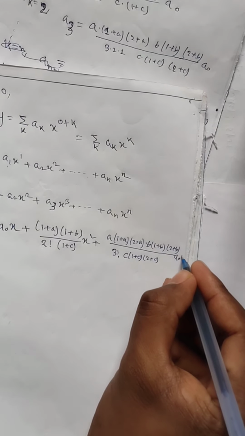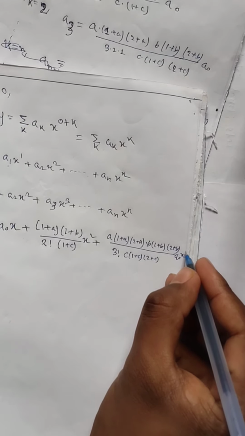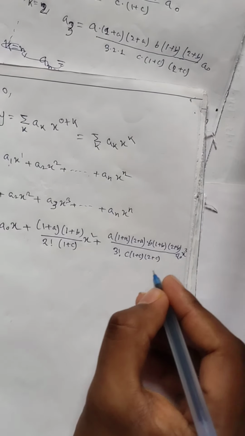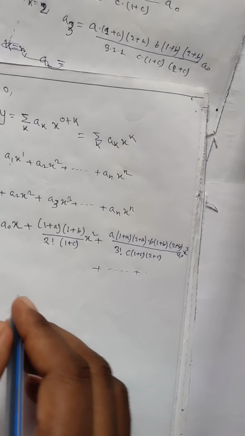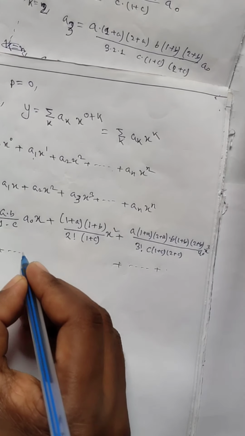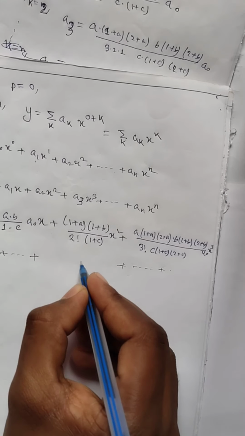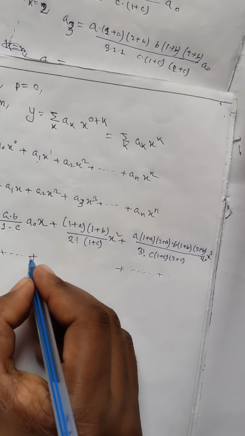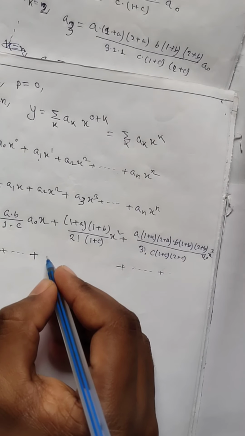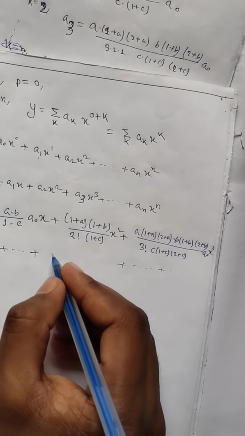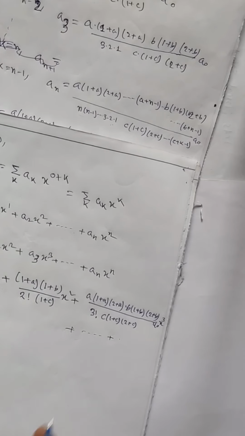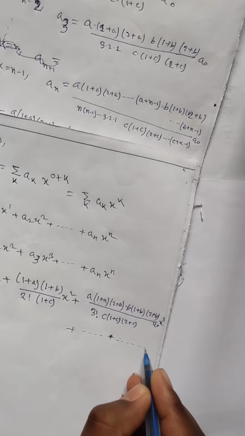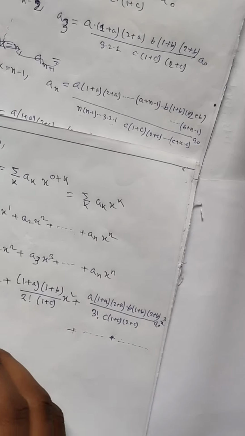Here a naught, and also x cube plus dot dot dot, plus the nth term, and so on up to infinity.